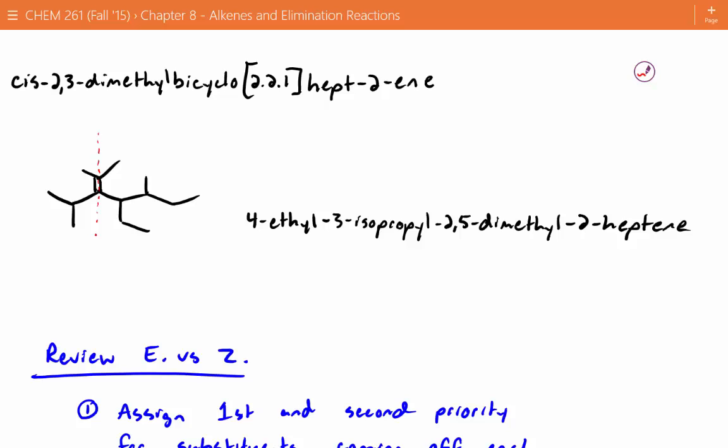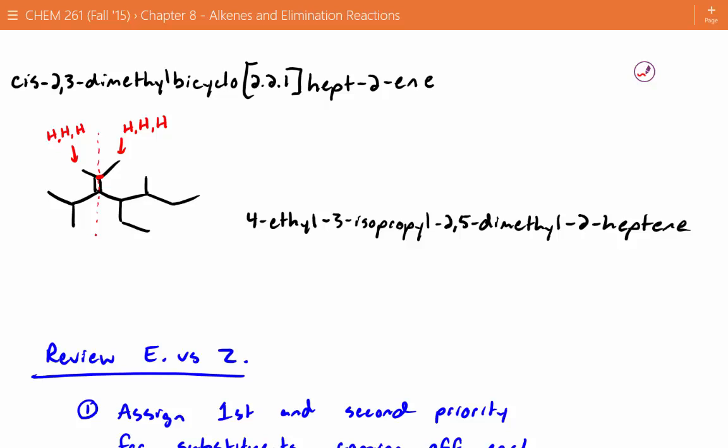If we look at this carbon up here, we've got H, H, H. And this carbon over here is also going to be H, H, H. So if we think about this, are our lowest priorities going to be on the same side, opposite sides, or neither? Neither.